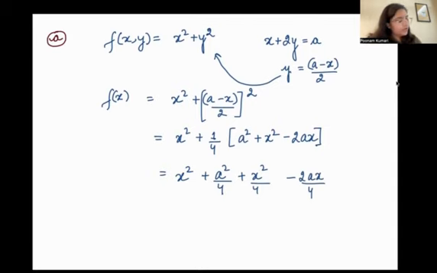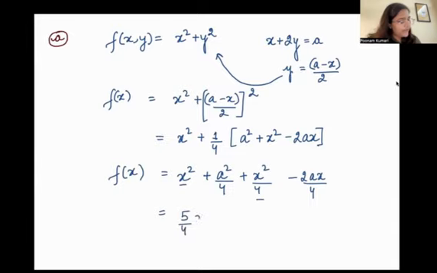So this is my function. Now if I add these two, what do I get? This is 5 by 4 x squared minus ax divided by 4, and then plus a squared divided by 4.